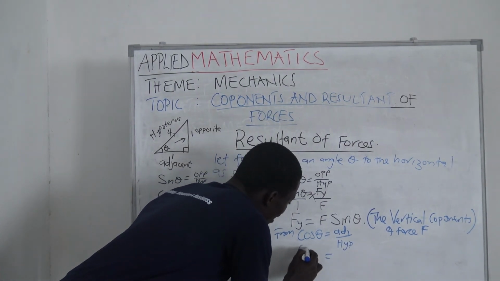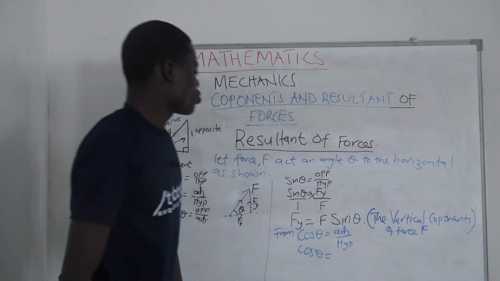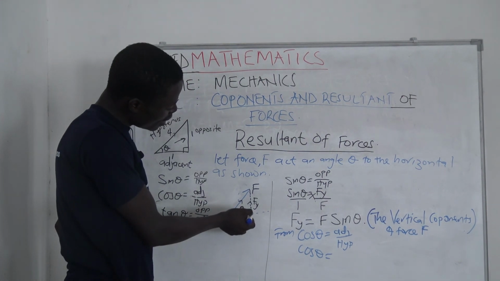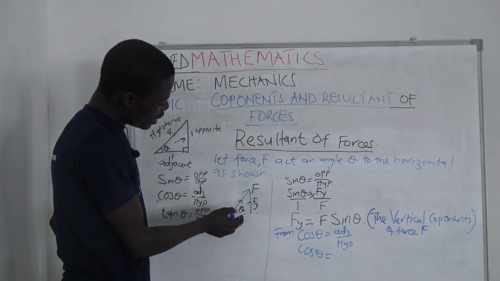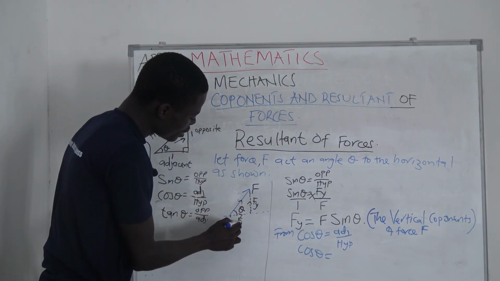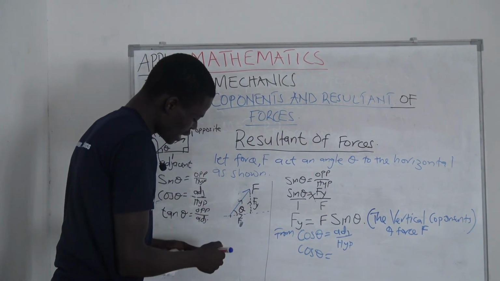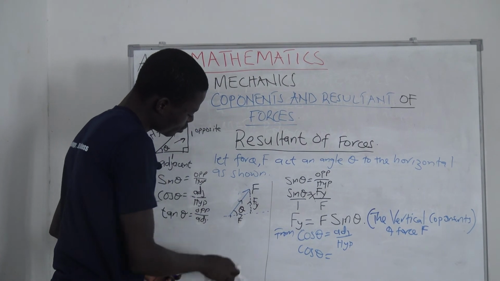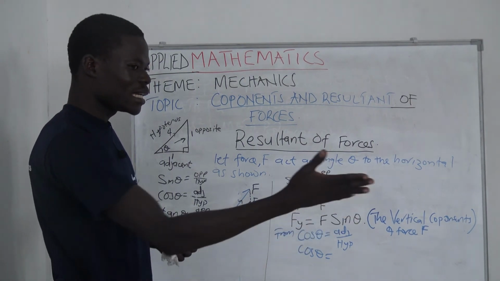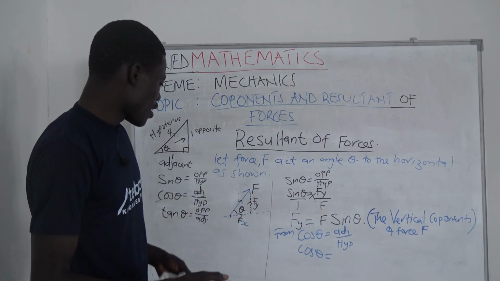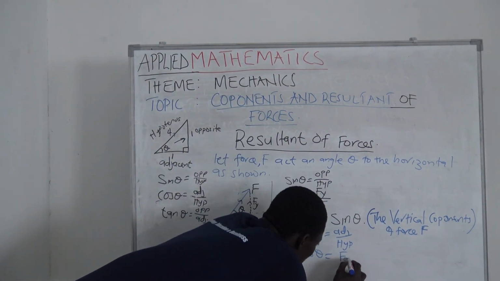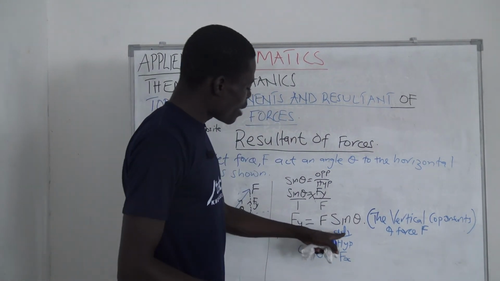What is our adjacent? This is the line which is next to the angle, but not the longest. Let us call it Fx, implying that it is along the horizontal or x-axis. So our adjacent is Fx, which is along the x-axis, out of hypotenuse.